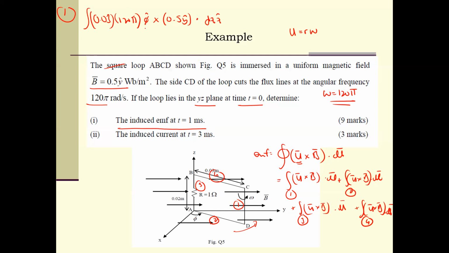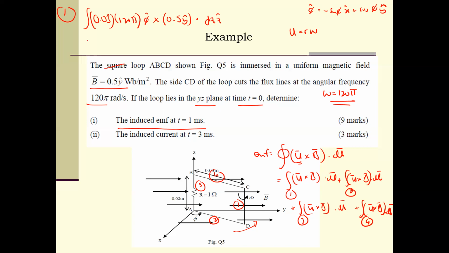But looking at this, we know that we are having a cross product between phi and y. So what we need to do now is transform the phi unit vector into Cartesian, in which we can write that the phi unit vector should equal negative sine phi in the x direction plus cos phi in the y direction. That is the transformation for the unit vector of phi with regard to the Cartesian x and y unit vectors.